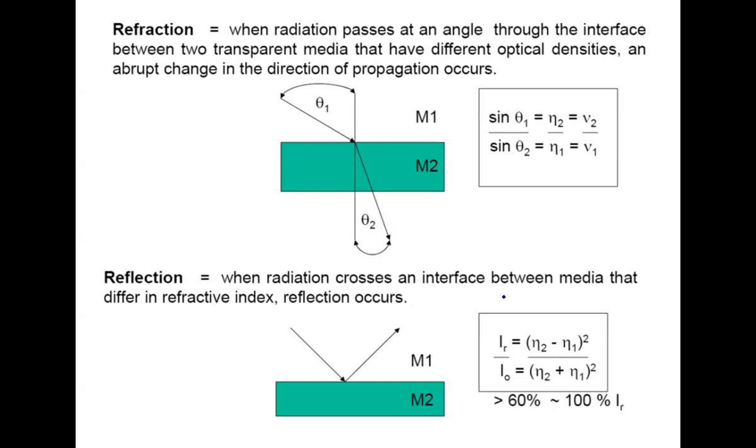That's Snell's law of refraction. So we are talking about the angles, right? This Snell's law deals with the angles. Refraction, the bending of light when the light goes through media of different refractive indices. The light is bent. Now let's talk about reflection.